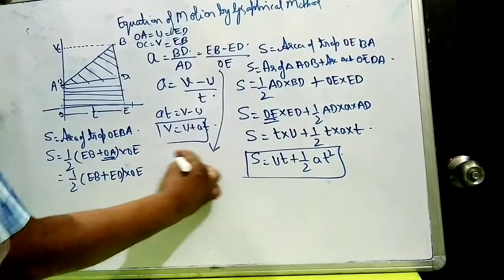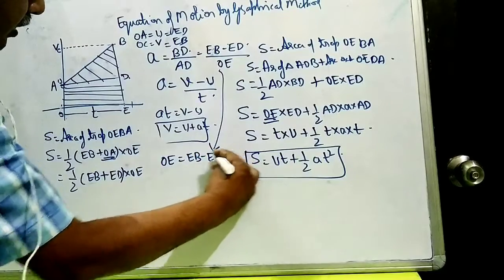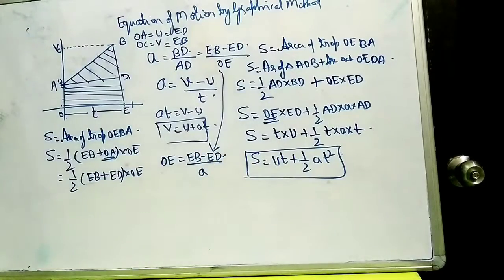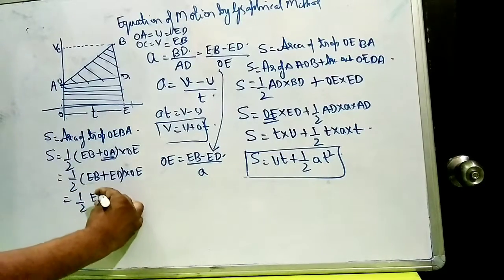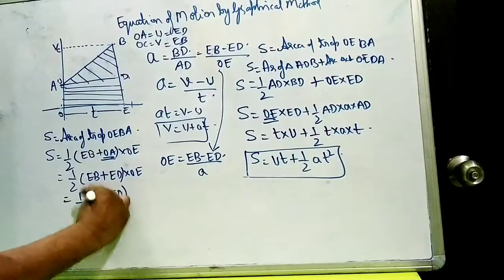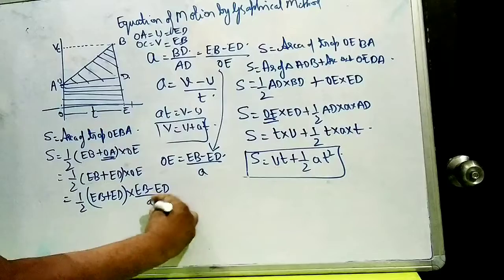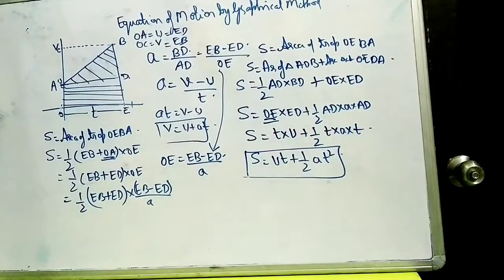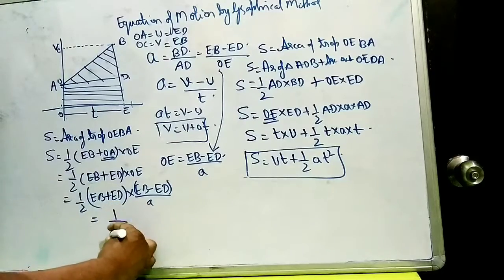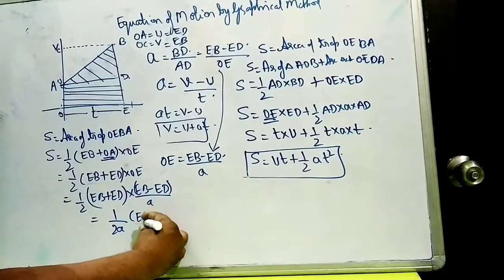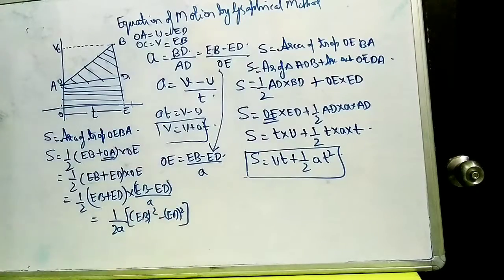From the first equation, OE is equal to EB minus ED whole upon A. So here we can write half EB plus ED into EB minus ED whole upon A. So it can be written as 1 upon 2A, EB whole square minus ED whole square.